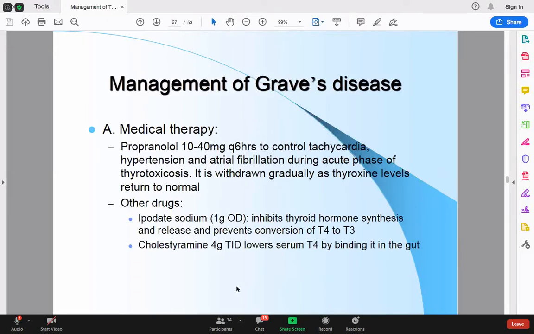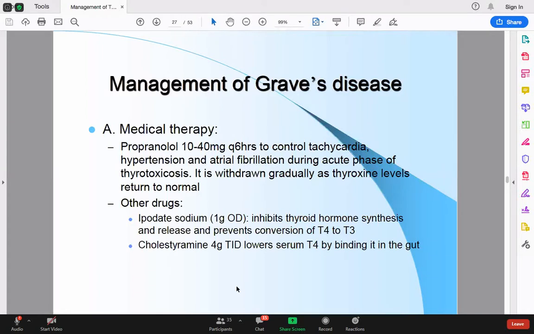So medical, beta blocker, in particular propranolol, we can give it for symptoms control, okay? So it would be only for a brief time till the symptoms settle down with the thyroid medication. Symptoms like tachycardia, atrial fibrillation, a tremor, all can be treated by beta blocker, propranolol in particular.